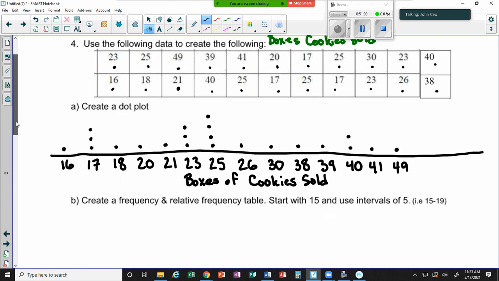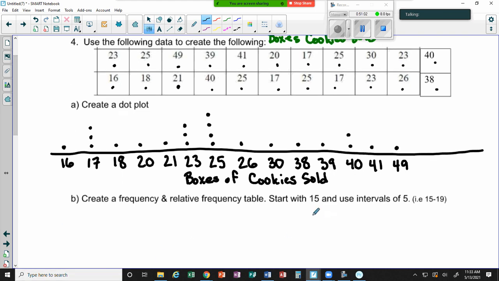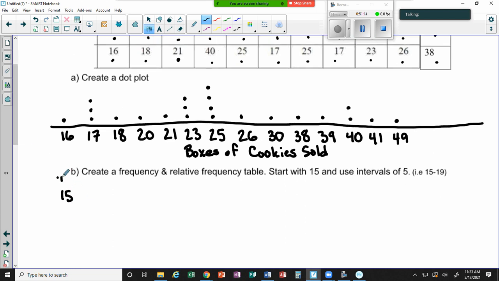So my intervals, starting with 15. So this is going to be my interval. This is your frequency. This is going to be your relative frequency.